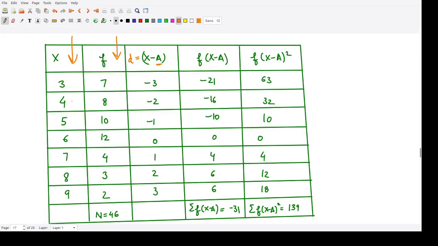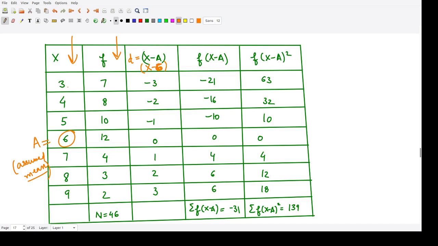I can assume this to be 6. So this is a and this is my assumed mean. If this is the assumed mean, that means I am subtracting 6 from all the data values.